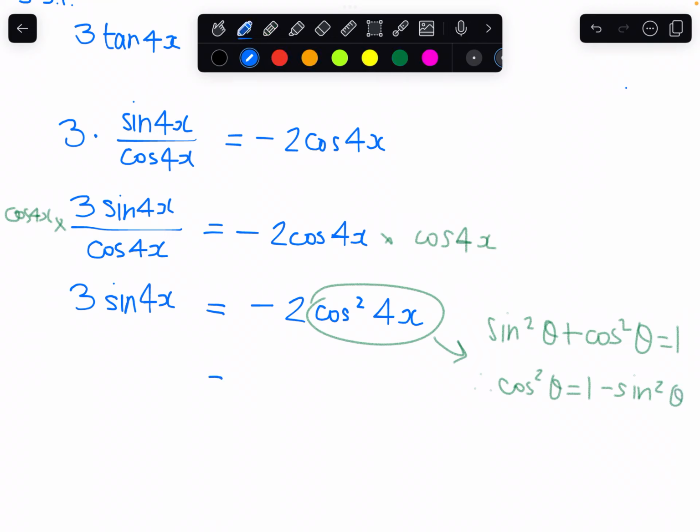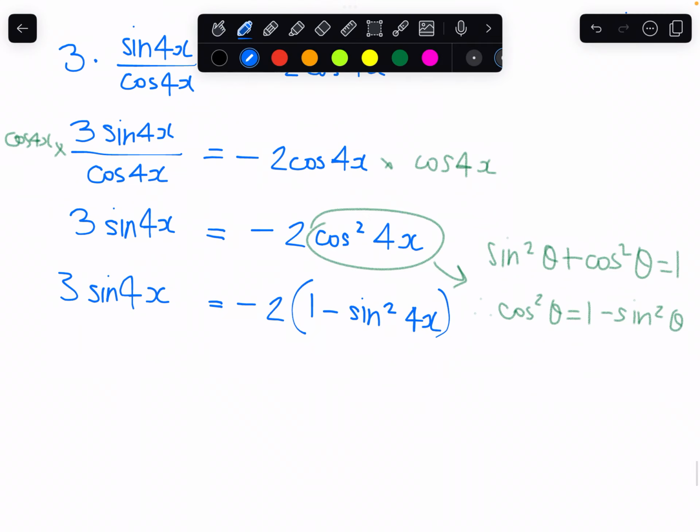So I could rewrite that as minus 2 times 1 minus sine squared 4x. So again, 3 sine 4x is minus 2 plus 2 sine squared 4x.